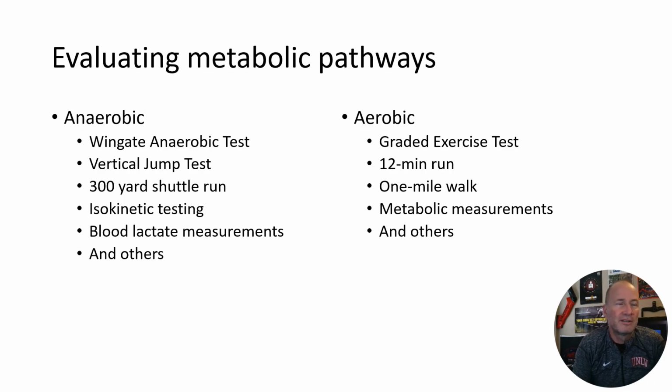And there are other tests as well. But as sports scientists, we can lean on our exercise physiology lens and try to come up with different ways to evaluate the metabolic pathways that are present or active in different stages of training or in different activities.